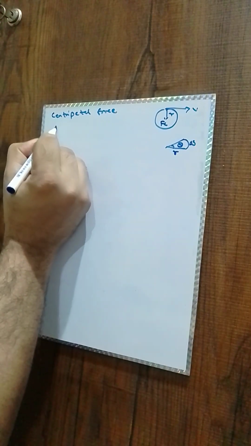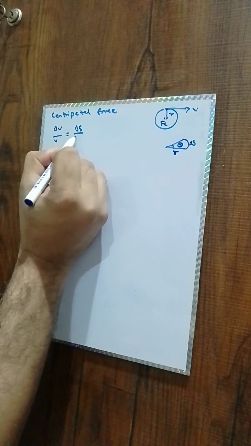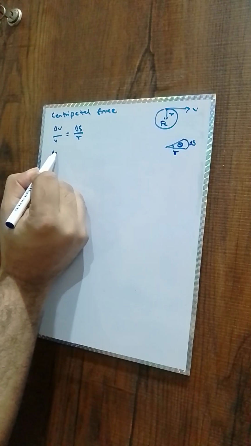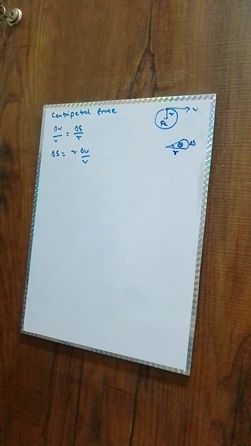So we need to estimate the centripetal acceleration, which is the ratio of differential velocity to the velocity, by differential arc to the radius, which is approximately the same, and which suggests that delta S is equal to r delta v by v.